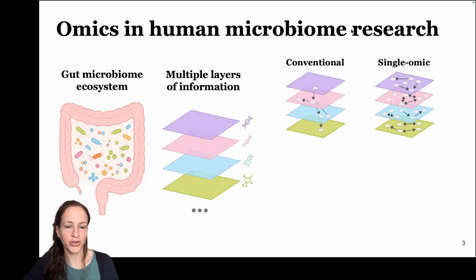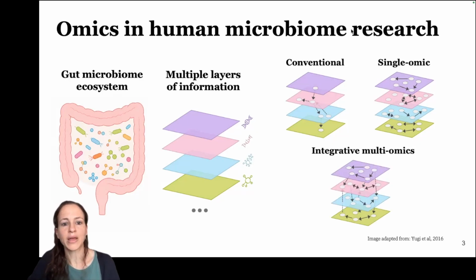So, for example, understanding the entire composition of species in a sample and how that differs between groups. And then we have the integrative multi-omic approach, where we're trying in a way to combine both of these top approaches. So here we are trying to look at the system in a very broad and comprehensive way, but also look at connections between these different layers of information.